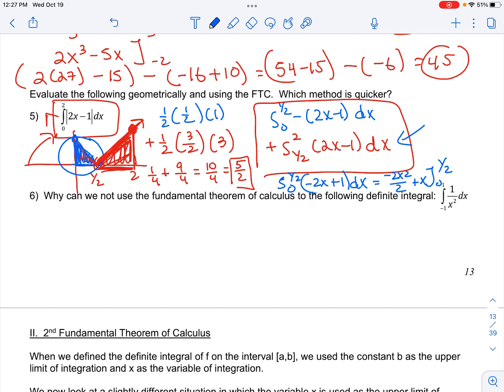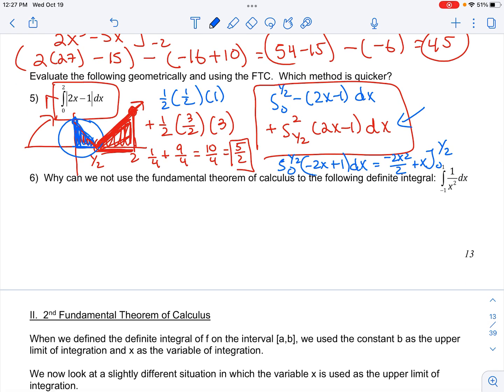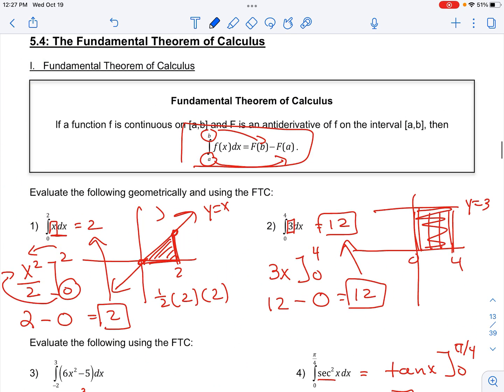Okay, let's think about a function like this one, why we cannot use the fundamental theorem of calculus. In order to use the fundamental theorem of calculus, if you look up here, notice it says that it has to be continuous on this interval.